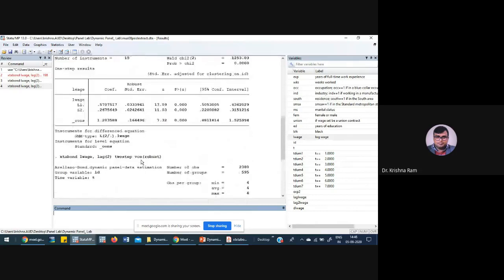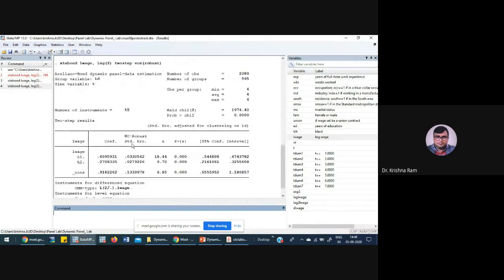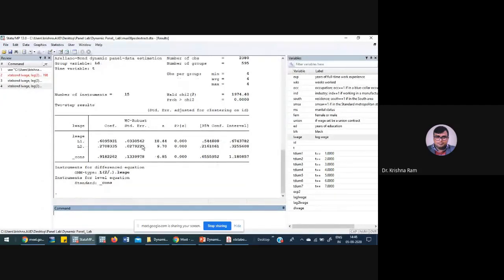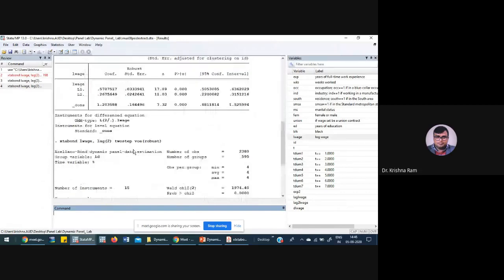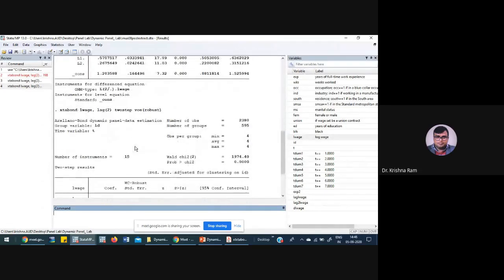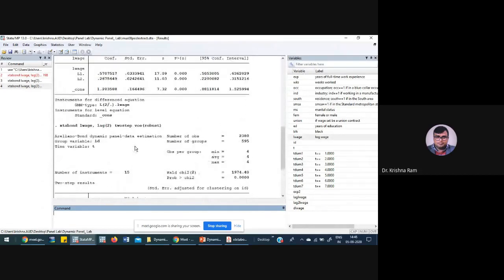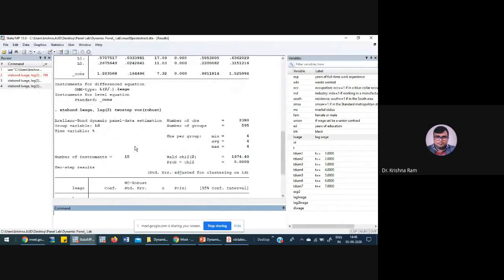Now compare the standard error. In the first estimate, we are getting a robust standard error, and in the second one we are getting a Windmeijer standard error. That's called the WC robust standard error. And if you compare the standard errors, again we are getting almost the same standard error.